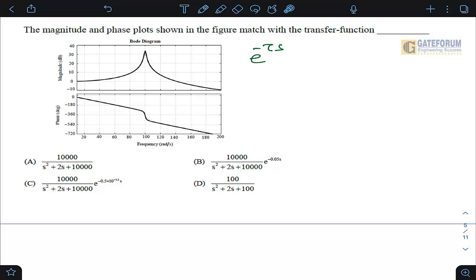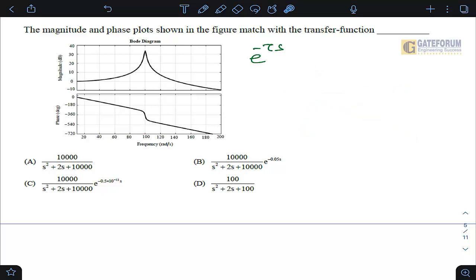So definitely along with the transfer function, this factor should be there so that this pattern will be satisfied. We are not getting a perfect line like this because the transfer function is there along with it. If the transfer function would not have been there, the phase would have been a perfect decreasing line like this.